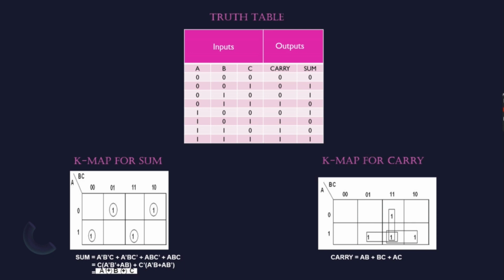We should place 1 in the respective boxes, as A is 0 and BC is 0, 1. The 1 is placed in the respective box. And if A is 1 and BC are 0, 0, the 1 is placed in the respective box. Like that, the 1s are placed in the sum and carry K-map.